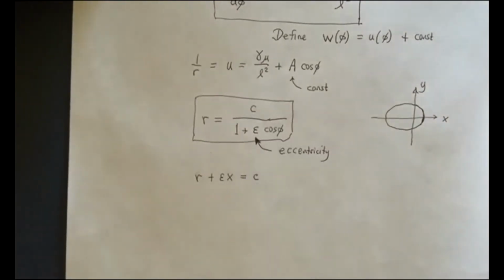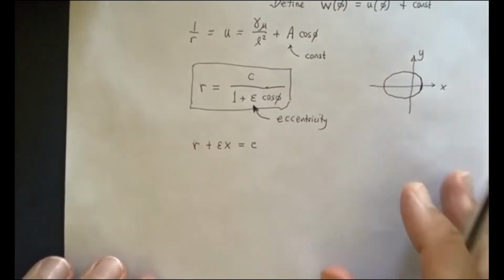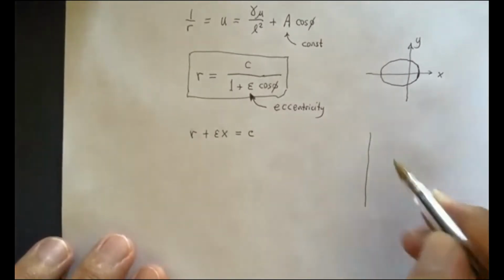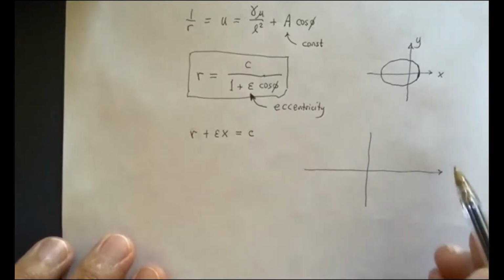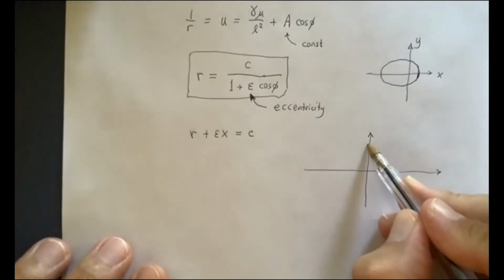What you can do from this form is square it. There's quite some algebra, and I think we're going to skip through a lot of it. Let's make a comparison with this diagram. We're going to draw the ellipse like this.